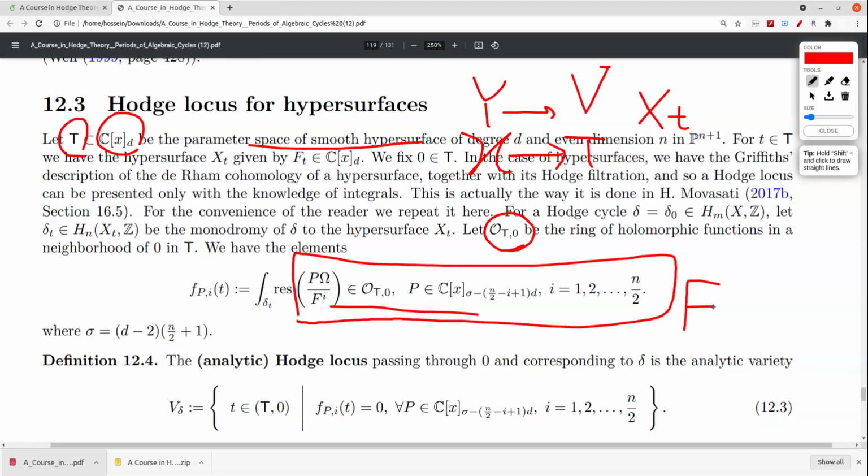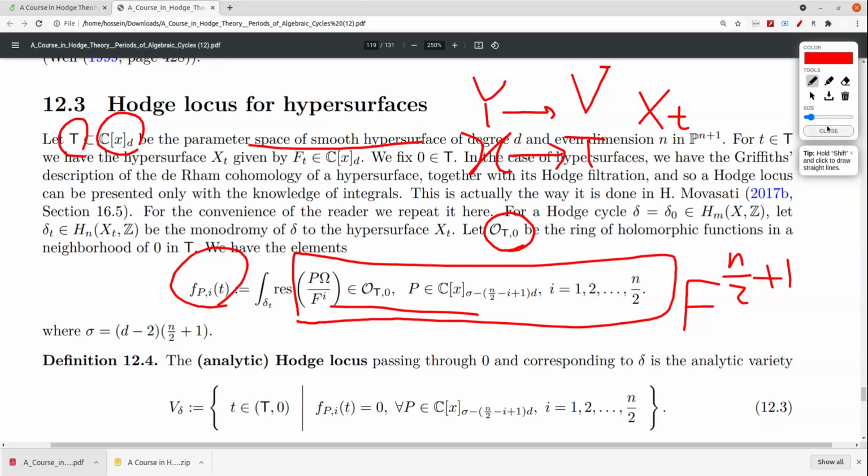This will generate this F^(n/2+1) piece, and so we will need these functions in order to define the Hodge locus.